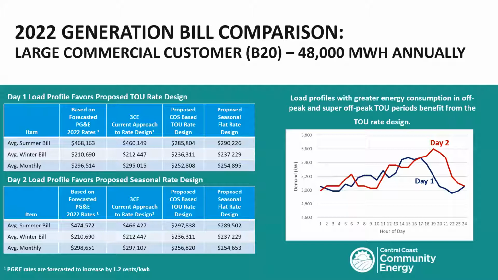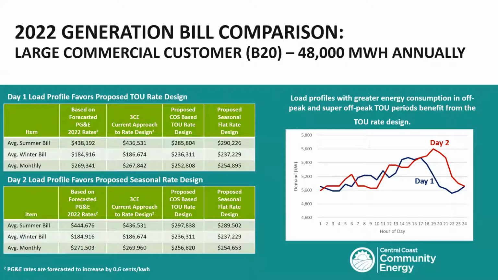You can see that the difference between the time of use rate design and the flat rate design is about $2,000, depending on what load profile you may be on. This is with the PG&E rates forecast to increase by 1.2 cents. If you go to the next slide, please.